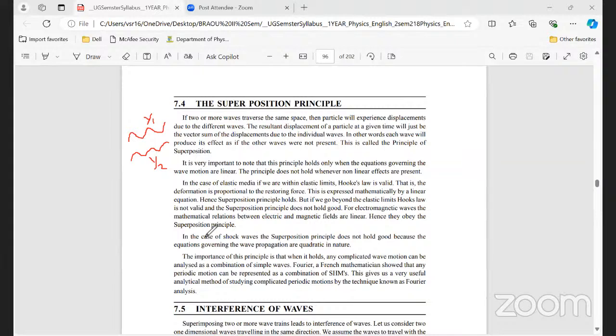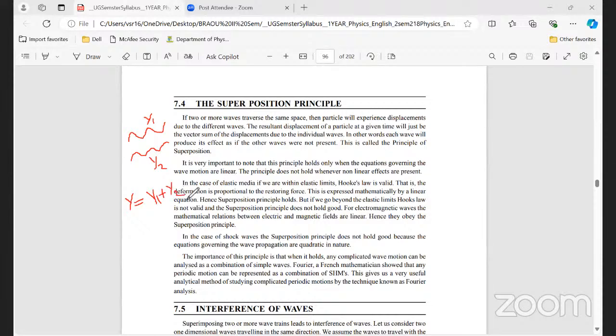In place of y1 and y2, you can put x1 and x2. No need to worry. So here, the total displacement of two or more waves, I am underlining this, two or more waves, equals the sum of the displacements of the individual waves.